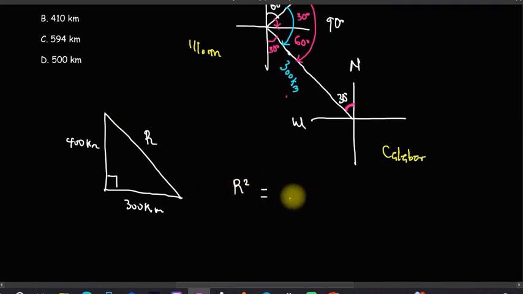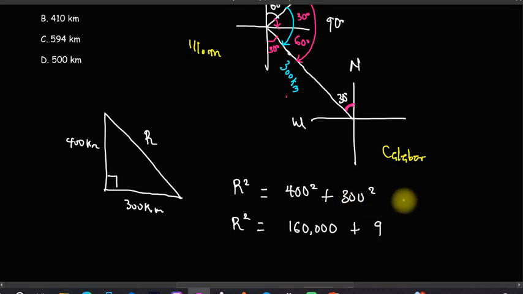R squared equals 400 squared plus 300 squared. So R squared equals, 400 squared is 160,000. Okay, 160,000 plus 300 squared is what? 3 times 3 is 9, then 0 in 2 places, we're going to have 90,000.